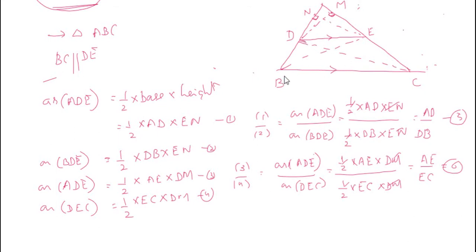Now, DE is parallel to BC. So if you take these two triangles, BDE and DEC, they are on the same base DE and between the same parallels, that is BC. Triangles sitting on the same base and between the same parallels have equal areas.